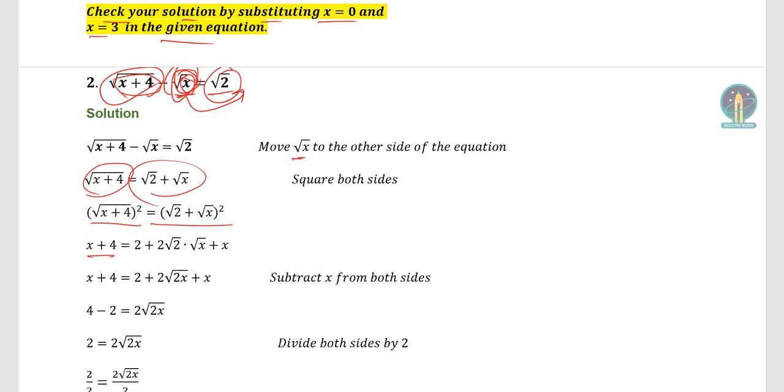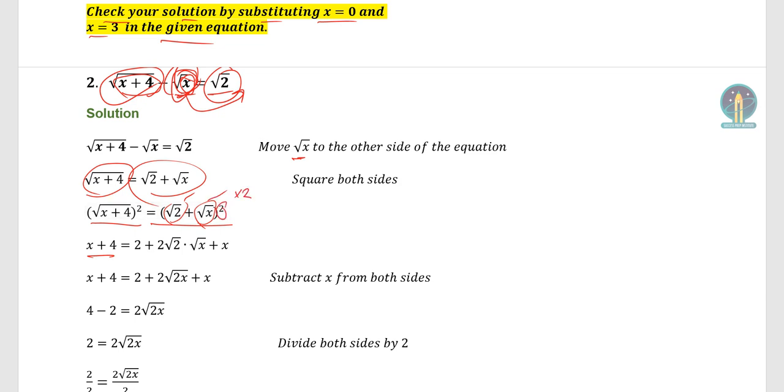And then on the right side, we can actually expand this. And we'll have square, so the same as expanding a binomial. Okay? First squared, second squared, and then first times second times 2. Okay, which is the power.